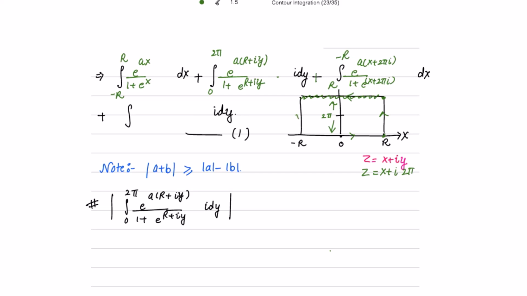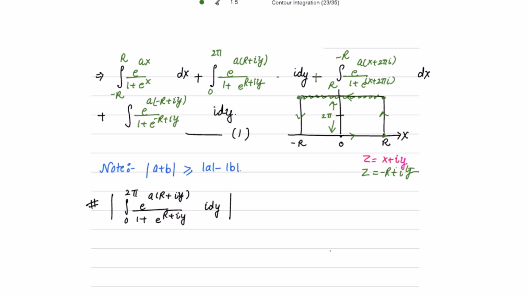Now integrating along this line, here x is constant, which is negative R, and y is varying. So putting z as e to the power a(negative R plus iota y) over 1 plus e to the power negative R plus iota y, and writing iota dy, and the limits.